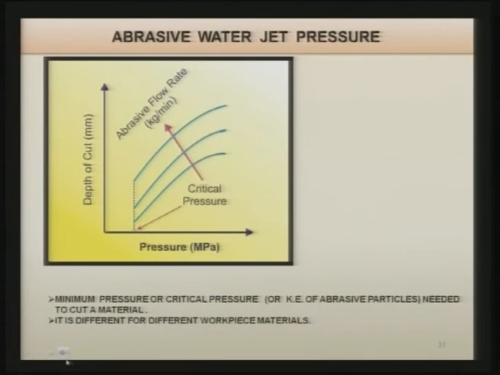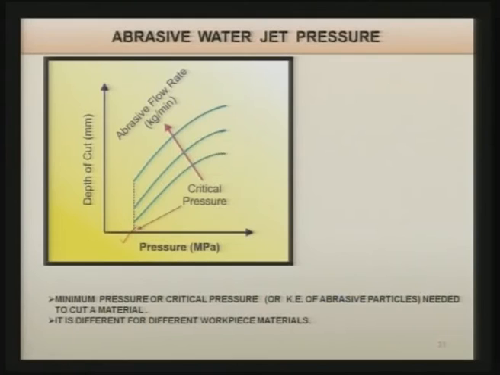Now, let us see the effect of pressure on the depth of cut. As you can see in this particular figure, there is a point which is written as critical pressure. This is the minimum pressure; the workpiece has a certain strength, and unless the kinetic energy of the abrasive particle crosses that, it cannot penetrate inside the workpiece surface.